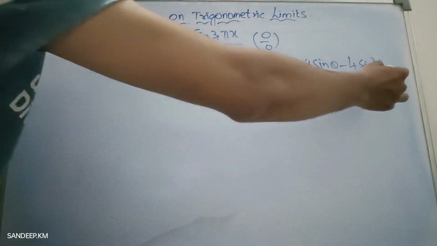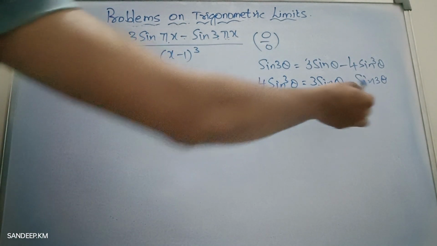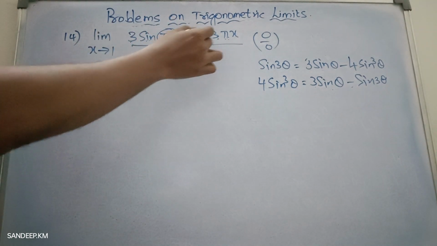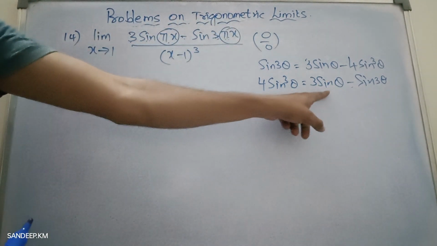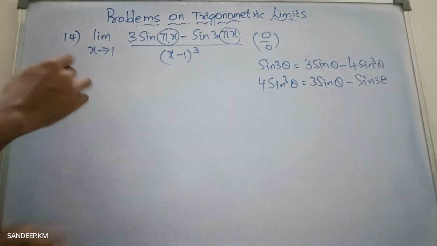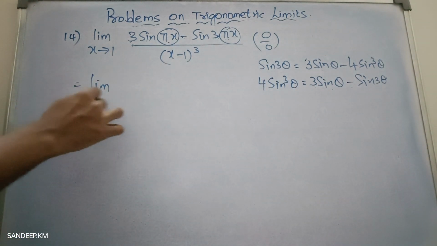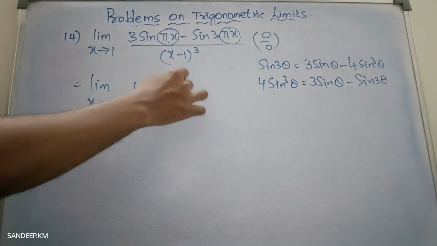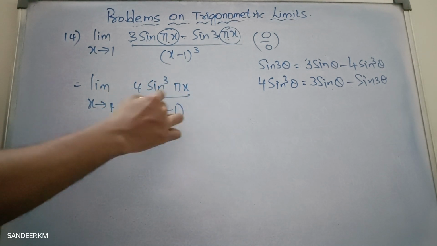So therefore, dear students, what is 3 sine theta minus sine 3 theta? According to this formula, it is 4 sine cube theta. So the numerator becomes what? 4 sine cube theta divided by x minus 1 whole cube.